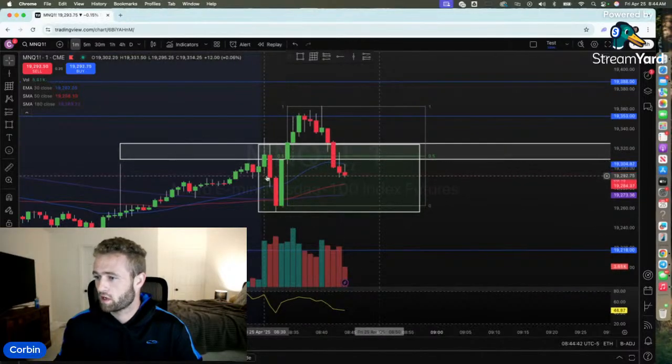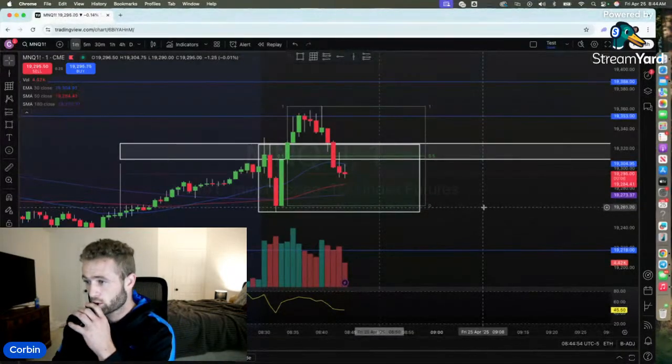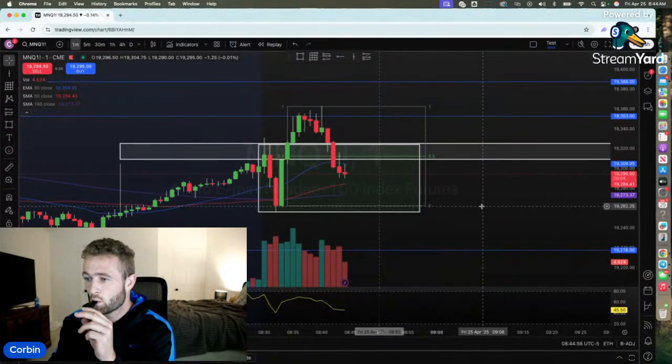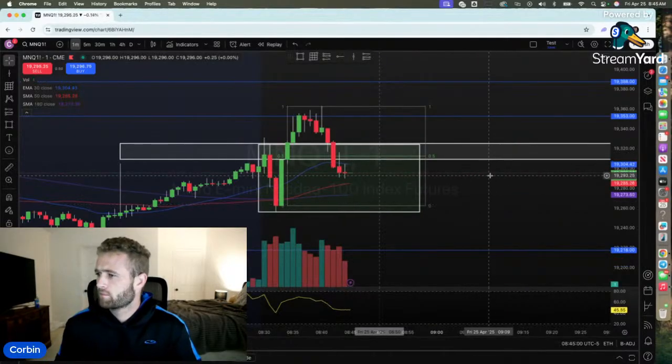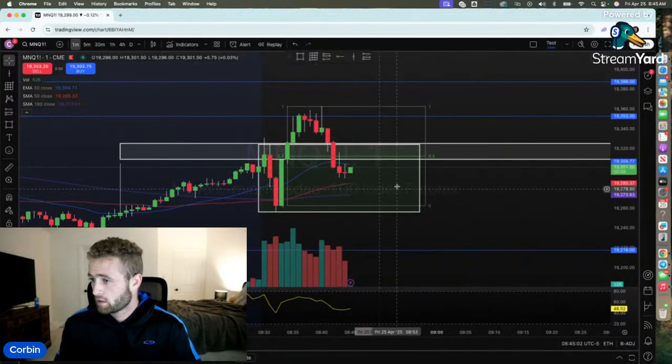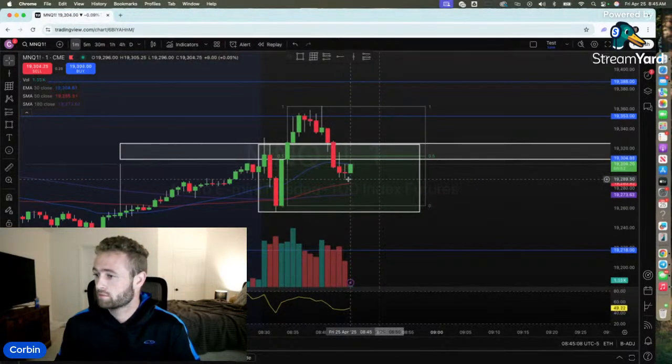You can see on the 1-day, 1-minute, we still have a fair value gap right here being tested. Price is still below equilibrium right now, making lower lows or higher lows.